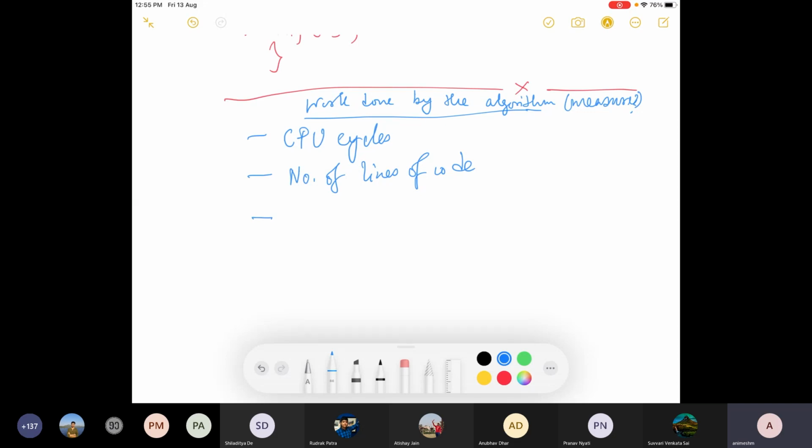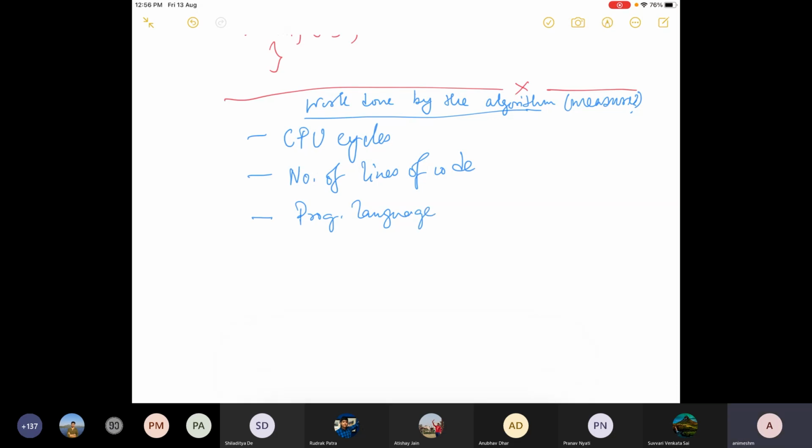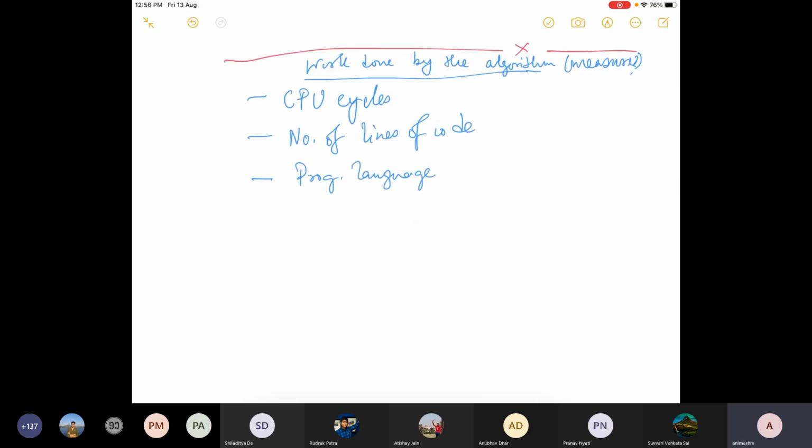I can think of many other things, including the programming language, etc. Now, do you think that these are good measures?